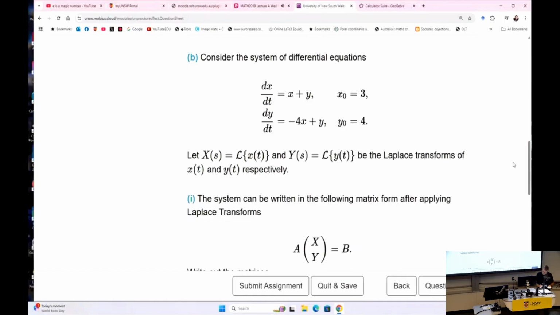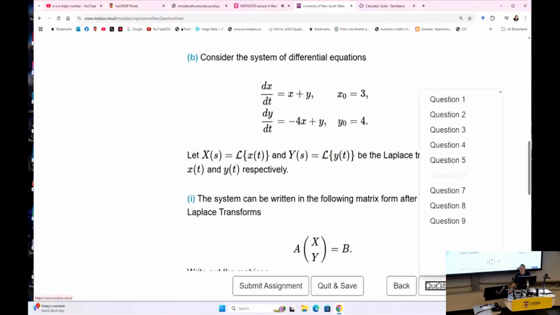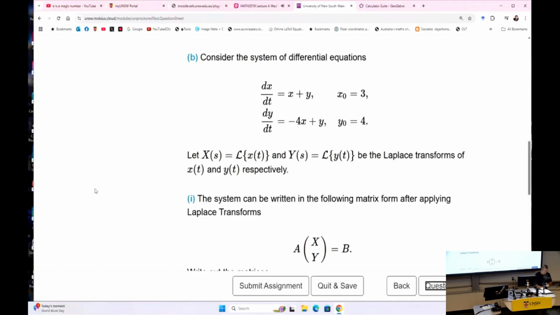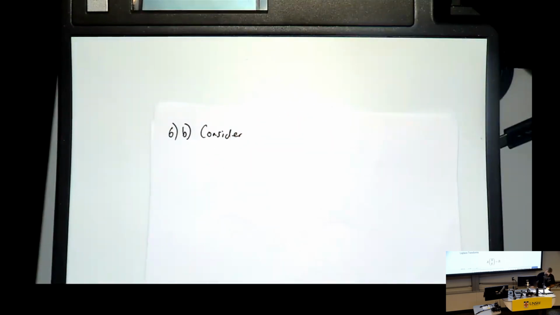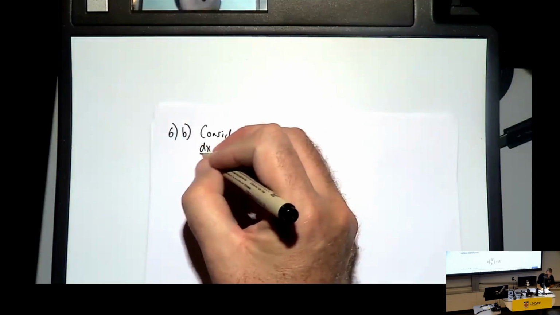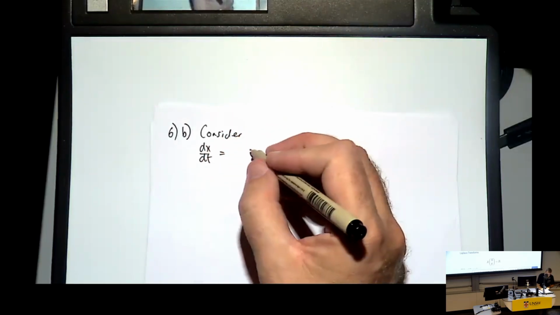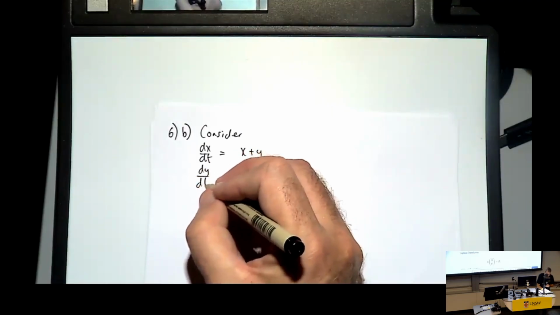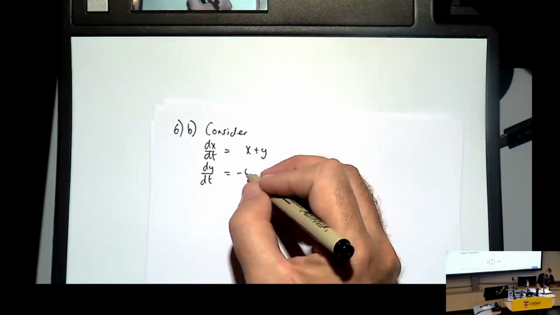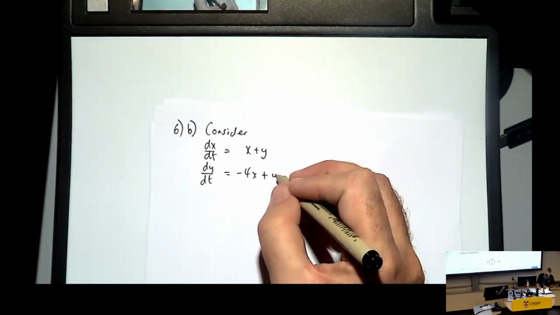So let's have a look. This is question 6. Both x and y are functions of t.